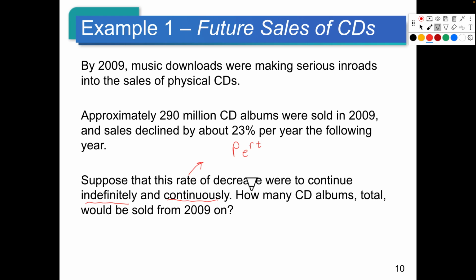Hopefully, because again, we don't have a formula sheet. If you don't, write that down somewhere. So the accumulated value is this. How many CD albums total would be sold from 2009 on? Okay, so what we're asking is the rate of decrease, remember, is what we're starting with.